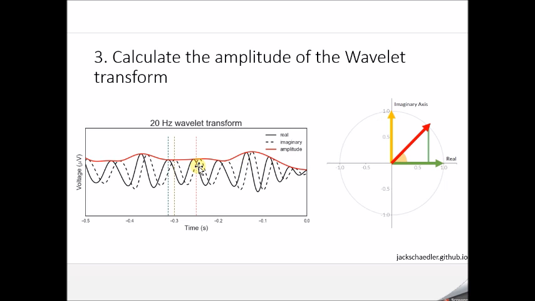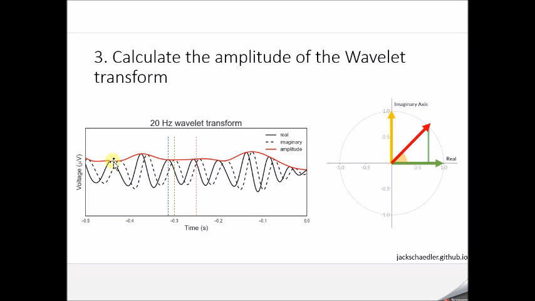Similarly, we could look at a time point where both the real and imaginary components are non-zero, and we would still plot that vector in the complex plane and take the magnitude of that vector in order to get the amplitude at that point in time.